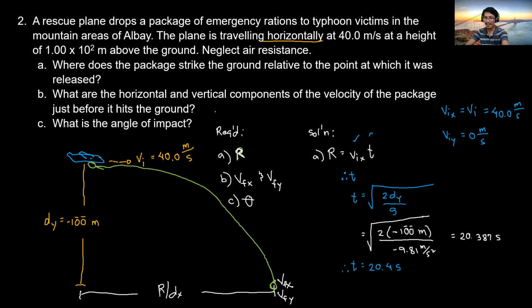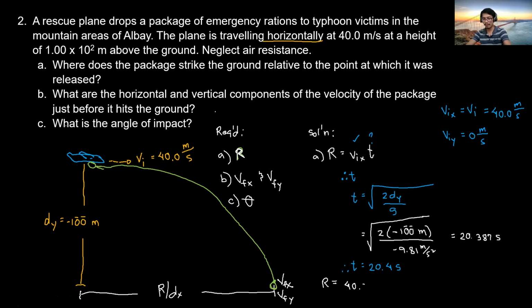Kinuha lang natin yan ng time kasi nga unknown pa si time dito. So ngayon na meron na tayong time, we can substitute time to this equation. So that means R is equal to, ano yung Vi natin?